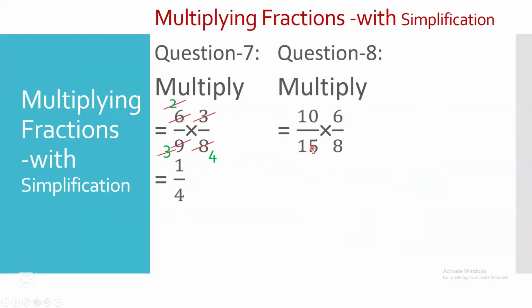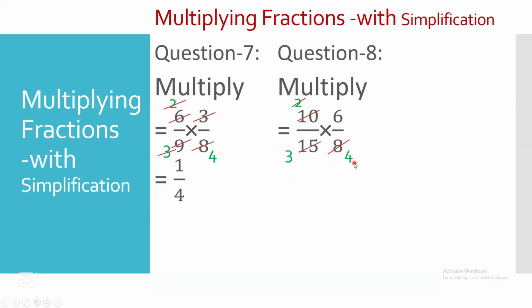Now check this one. 10 by 15 with 6 by 8 you have to multiply. Now you observe, up and down we can cut each other with numbers like 10 and 15. We can cut 10, 8, 6 and 15. So you can do as you like. I'm doing it like this: 15 and 10 I'm going to cut with 5. So 5 3s are 15, 5 2s are 10. Now I'm going to divide this 8 by 2. So if you divide 8 by 2, it will be 4.